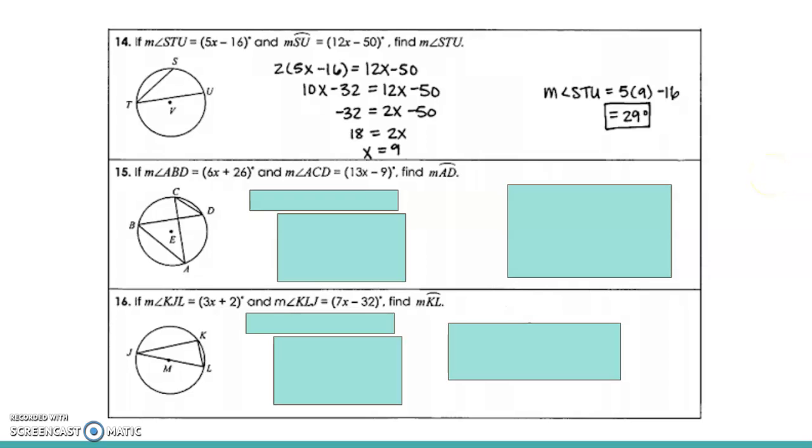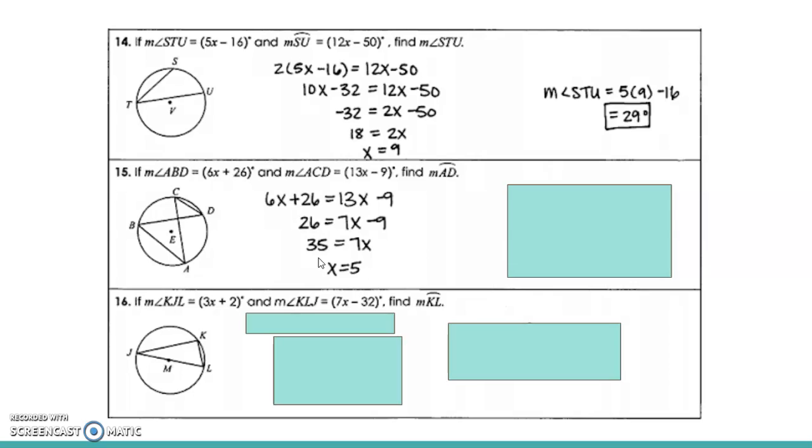They gave me two algebraic expressions for my angles. These angles are overlapping with that arc AD, so I know that angle ABD and angle ACD are congruent. I'm going to set those expressions equal to each other in order to solve for my x. When I do that, I find that x equals 5. I'm going to take 5 and plug it into one of my angles.